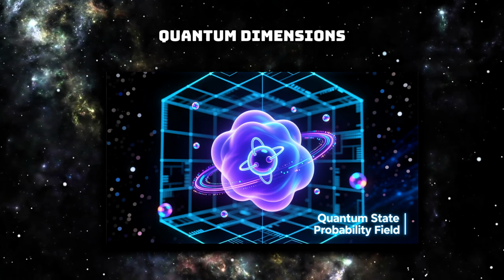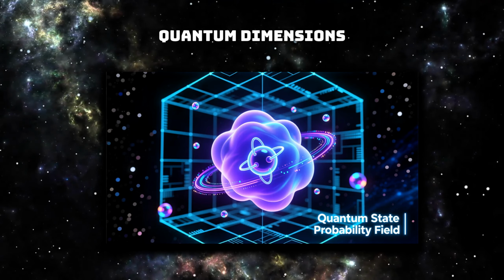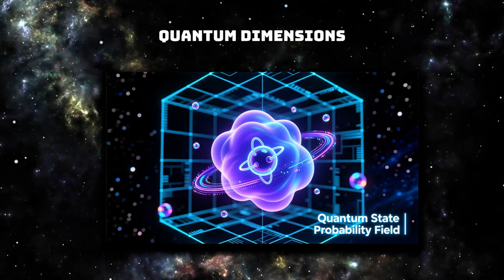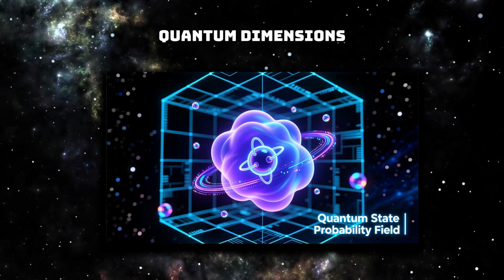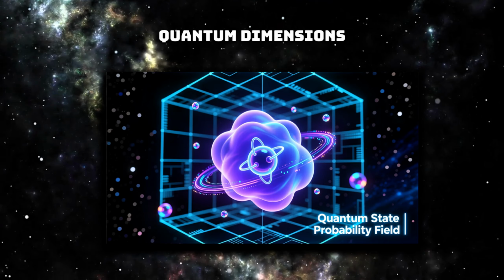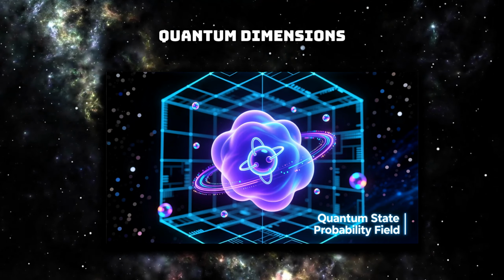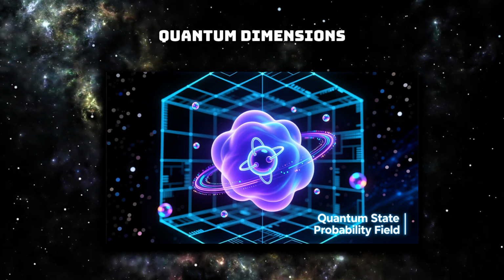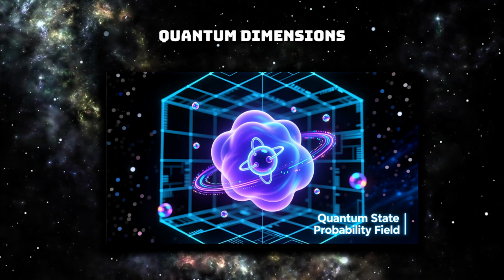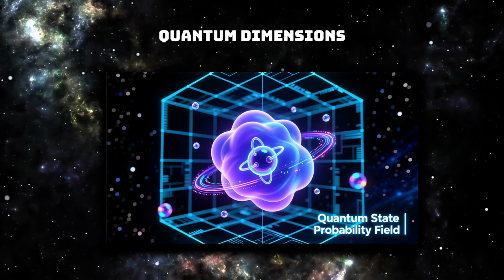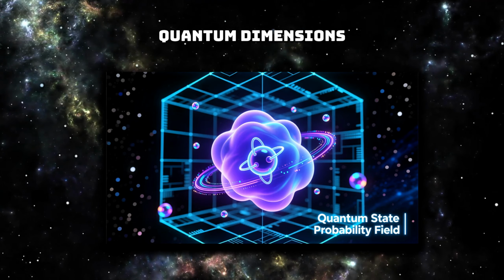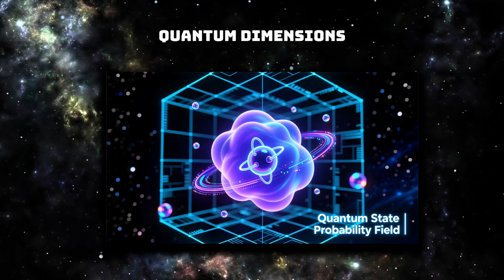Quantum dimensions are information dimensions. The key insight is this: quantum dimensions are not spatial, they are informational. They tell us what possible states a system can be in, how those states combine, how they transform, how they evolve over time. These dimensions exist in mathematical space, not physical space.